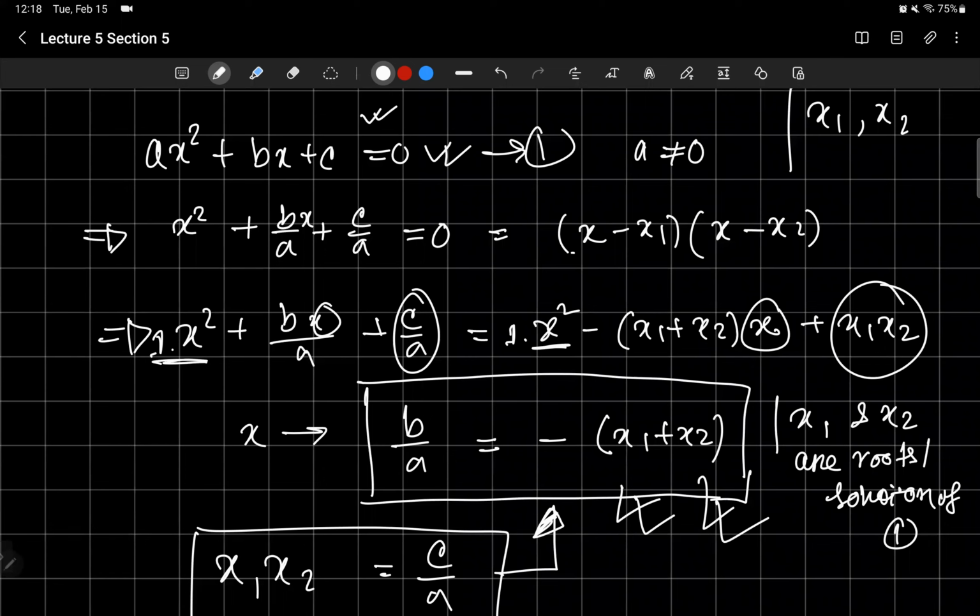Our cubic equation, I won't show it to you today, but what I can say is that when you go to higher degree equations, let's say cubic equations, quartic equations, most of the time there is no systematic procedure. I do think there is a formal solution to the cubic equation.